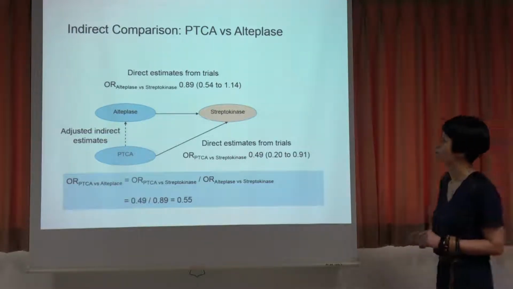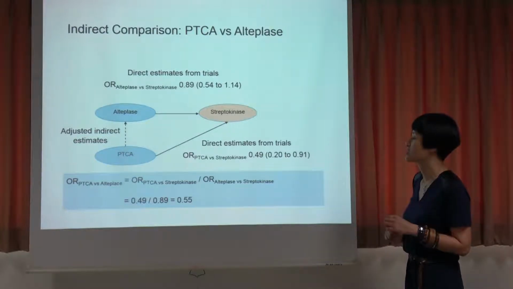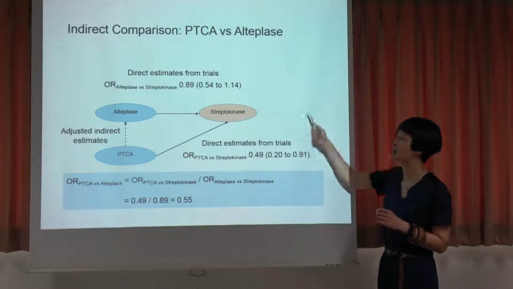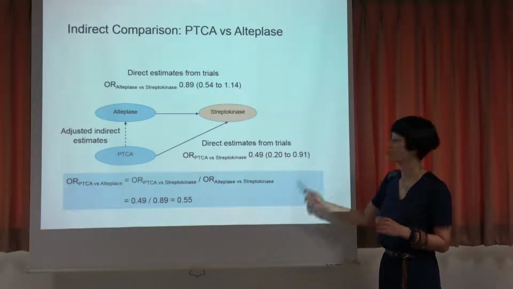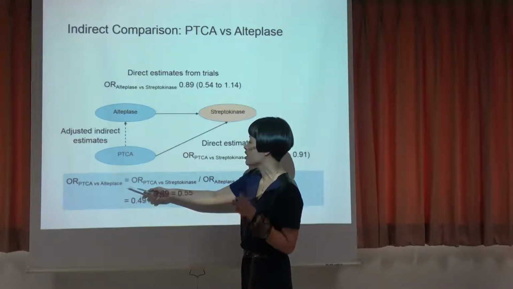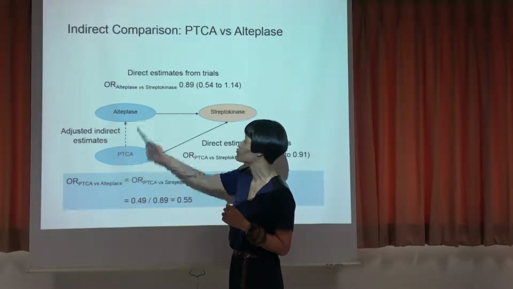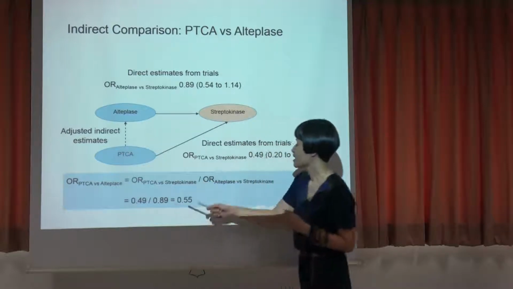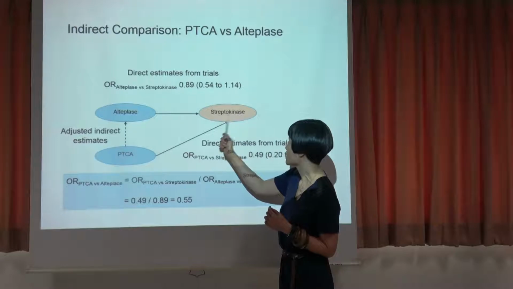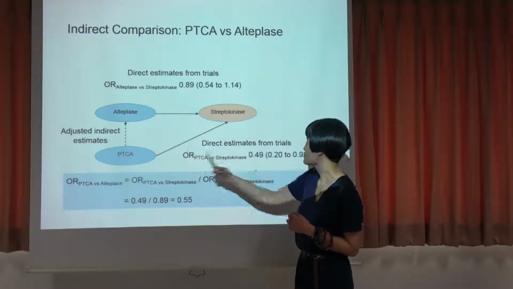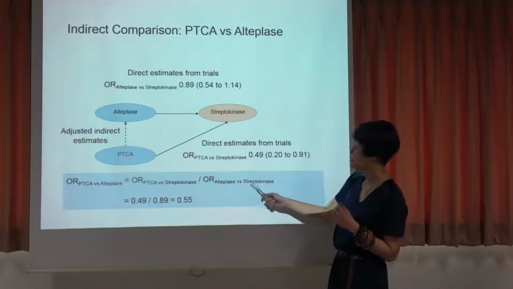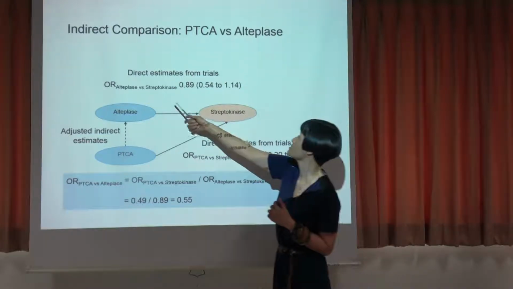So what you do for an adjusted indirect comparison is calculate the relative effects between those two. To compare the relationship, the odds ratio of PTCA relative to alteplase is basically the treatment effect of PTCA compared to streptokinase, which is this arm here, relative to the odds ratio of alteplase versus streptokinase, which is this arm here.